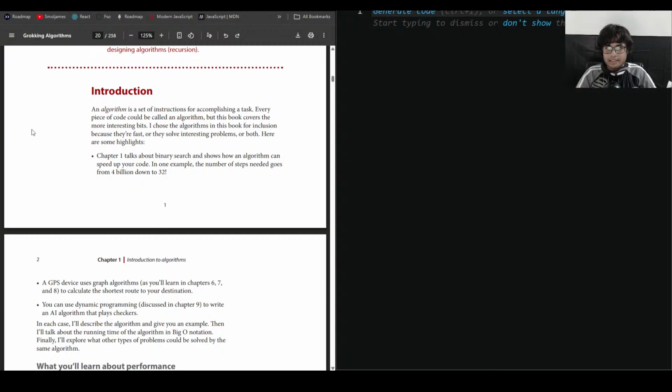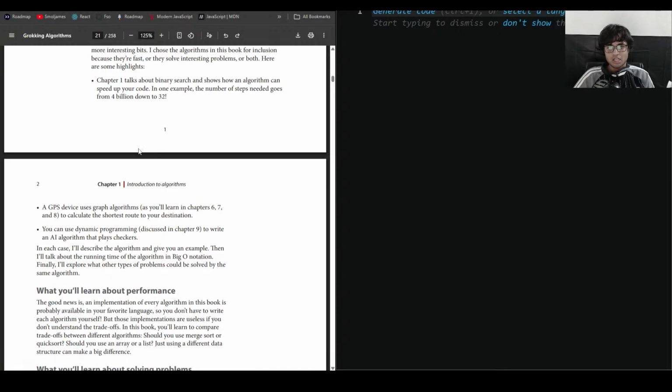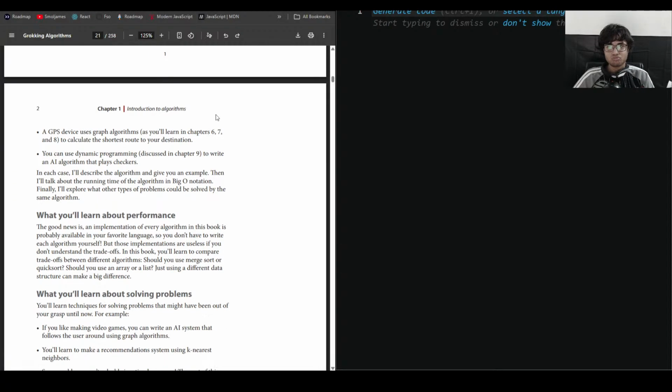Here are some highlights. Chapter 1 talks about binary search and shows how an algorithm can speed up your code. In one example, the number of steps needed goes from 4 billion down to 32.